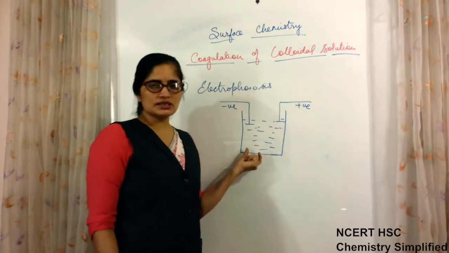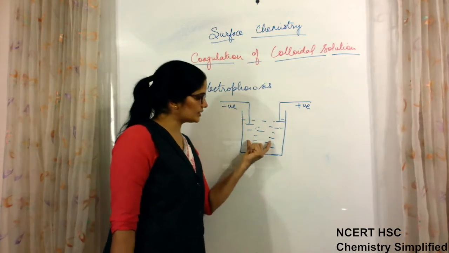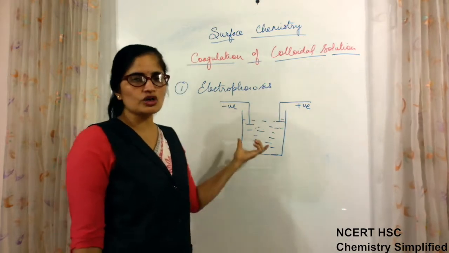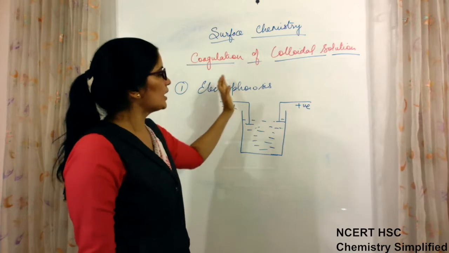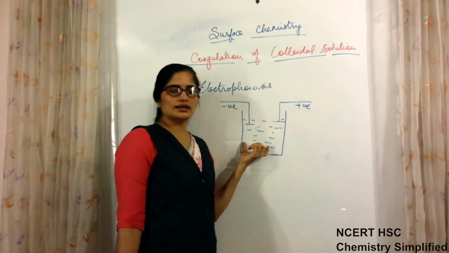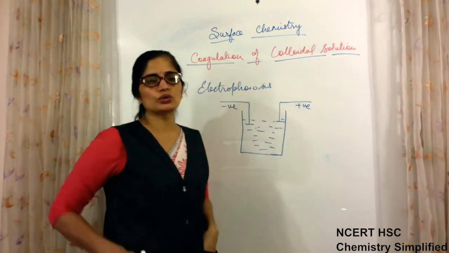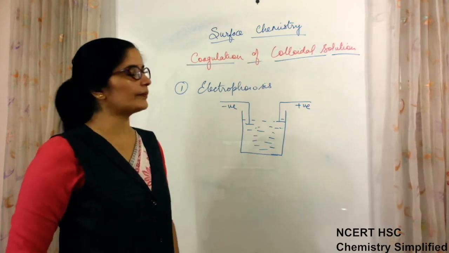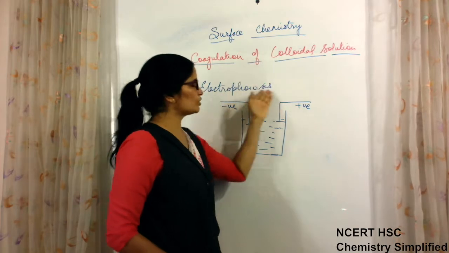If it has positive charges, they will start moving towards negative, and if it has negative charges, it will start moving towards positive. Because of the application of potential difference, or you can say electrodes, anode and cathode, are connected, the colloidal particles start moving towards those poles and get coagulated on those opposite poles. So this is one of the methods of coagulation of colloidal solutions, electrophoresis.